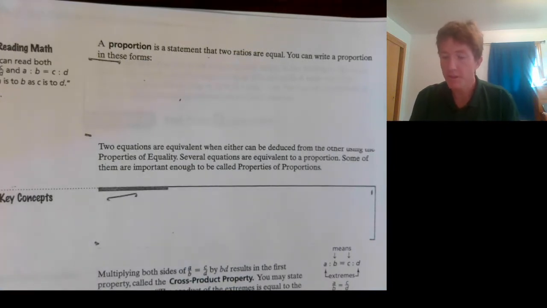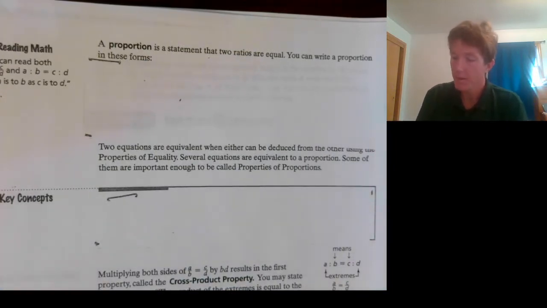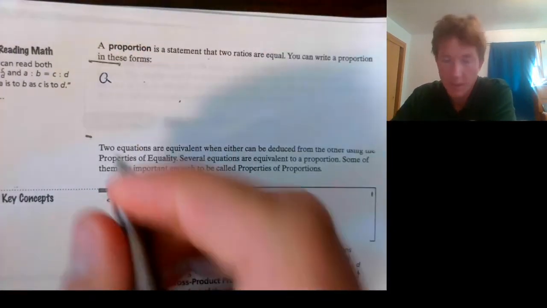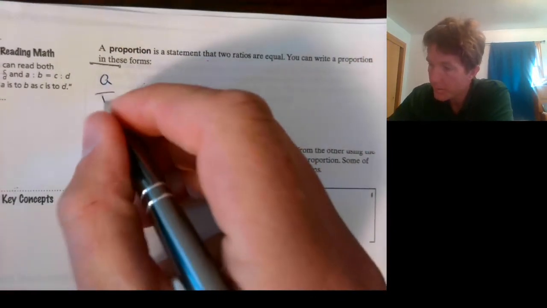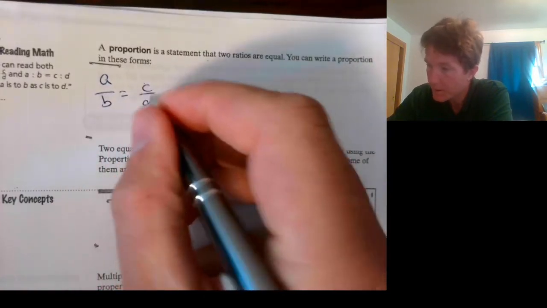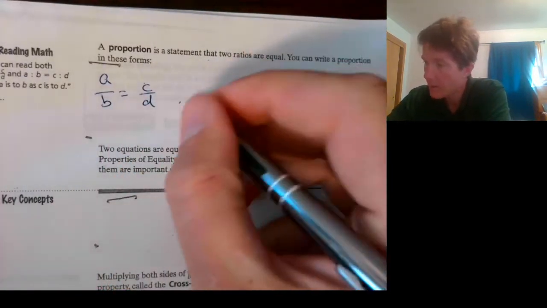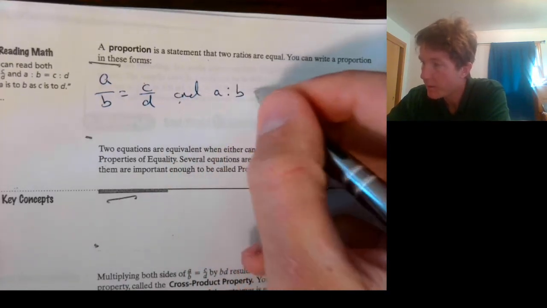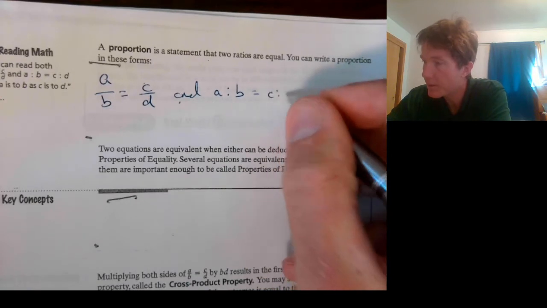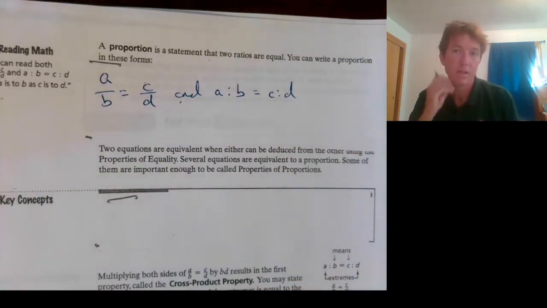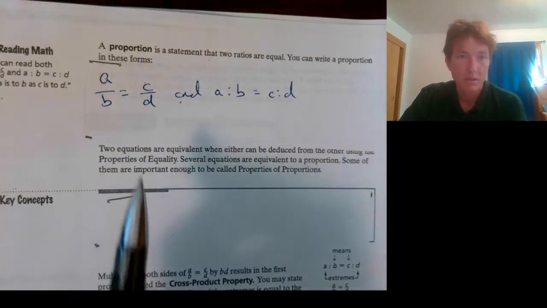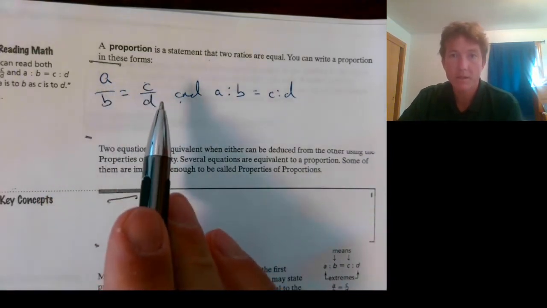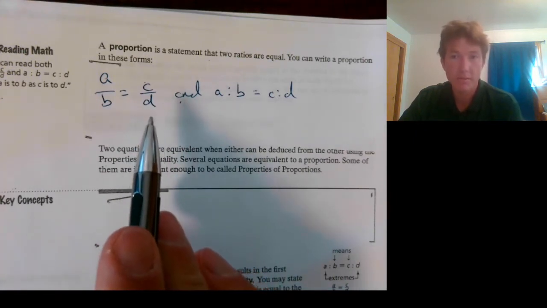Okay, a proportion is a statement that two ratios are equal. You can write a proportion in these forms. So we have A to B is equal to C over D. And we can also do A to B is equal to C to D. Okay, the reason why we're doing this is A and C might not necessarily be the same numbers, but when we simplify them, they might be.